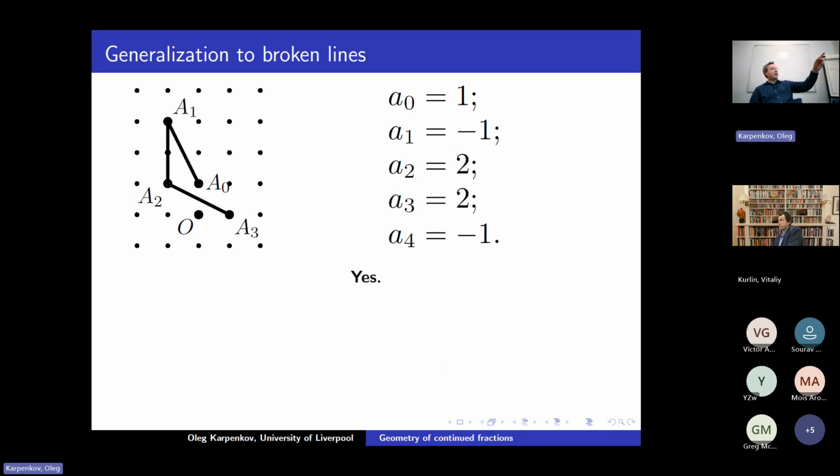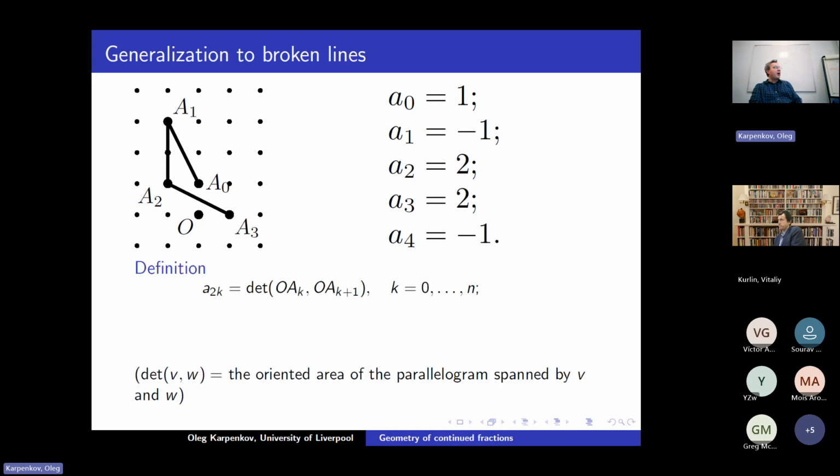Of course, the point is that for building a continued fraction, you need an observer, you need the origin somewhere. But once you fix the observer, you can write this LLS sequence for every single broken line. And again, it's written in terms of determinants. For each k, you take the determinant starting from OA0, OA1, you have this triangle, then its determinant will be the corresponding number.